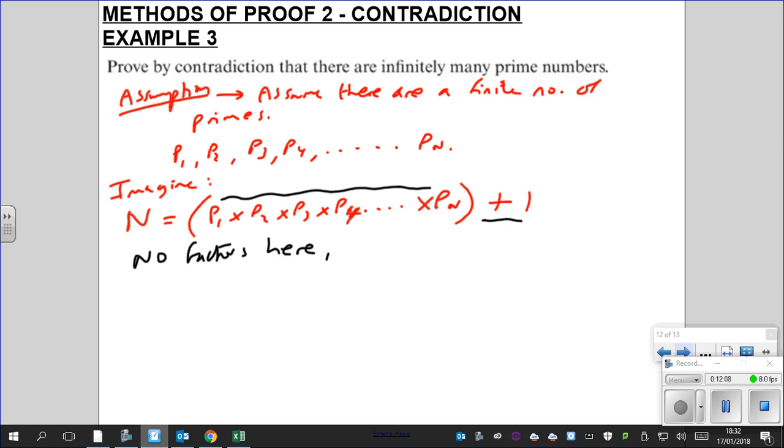So there are no factors here other than 1, because I can divide it by 1, or n, the number itself, which is the definition of a prime number.